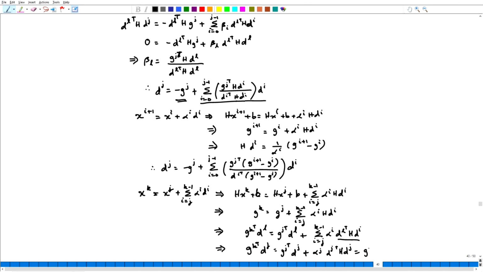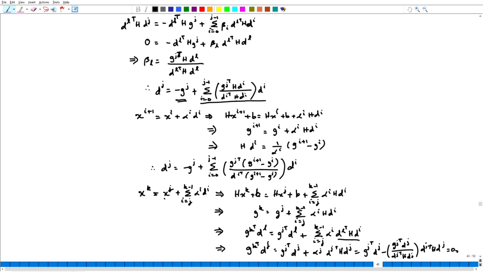If I substitute that, I will have gj transpose dj minus gj transpose dj by dj transpose h dj into dj transpose h dj, which is 0. So note that gk transpose dj is equal to 0 for any j.